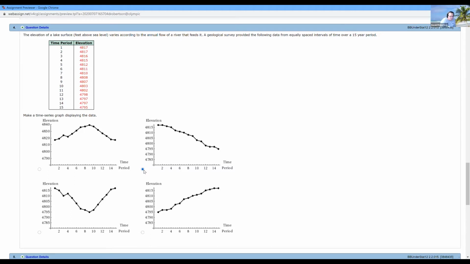But some of you might be looking and say, how does she know it's that one? It might have been one of the other three, right? So do you want to explain why that's the right answer? What you noticed about it that told you pick the second one? I noticed that for the first time period it had the highest number, and the last time period had the lowest number, and there are no big changes going up or down in the middle, so it's just going steadily downwards.